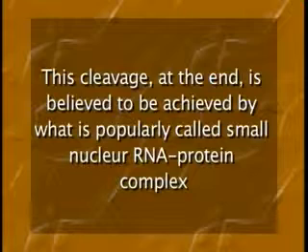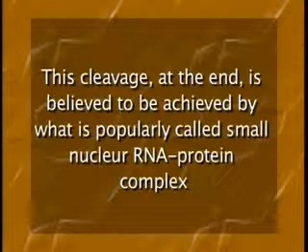Obviously, the 3' end of mRNA will be generated due to post-transcriptional cleavage. This cleavage is believed to be achieved by what is popularly called a small nuclear RNA protein complex.